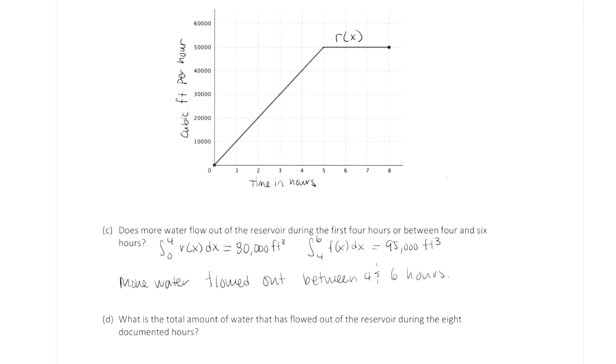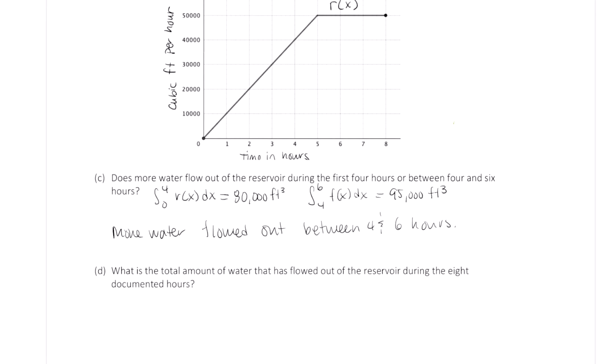Okay, so for part D, what is the total amount of water that has flowed out of the reservoir during the 8 documented hours? Well, we already know that 80,000 feet cubed poured out during this time, and then we know that 95,000 feet cubed poured out here. So we just need to figure out the area of this region.